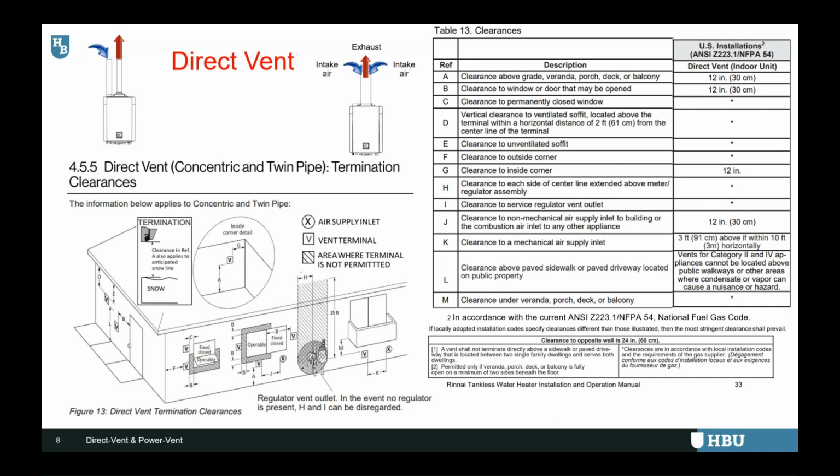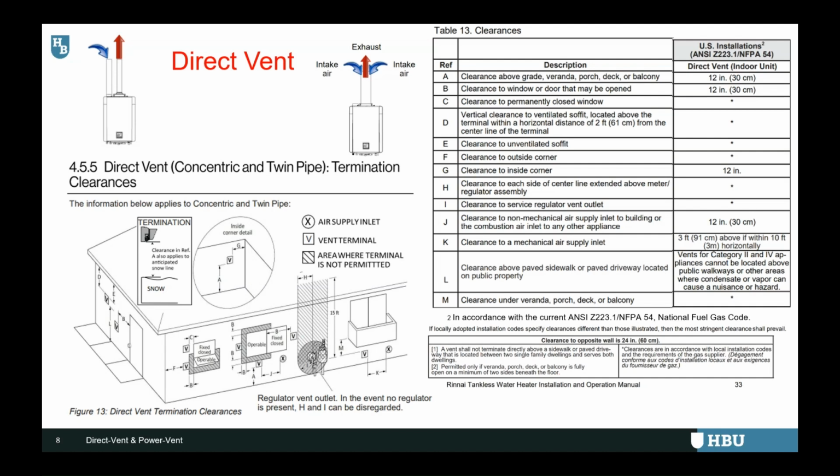Key clearances include A. Clearance above grade, porch, deck, or balcony, 12 inches. Clearances to a window or door that may be opened, 12 inches. Clearances to permanently closed window, no specific distance listed.